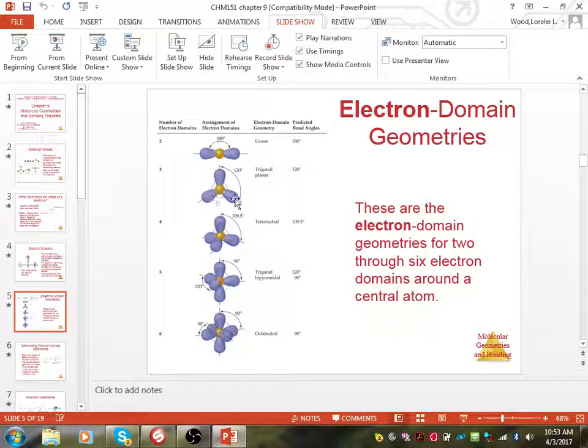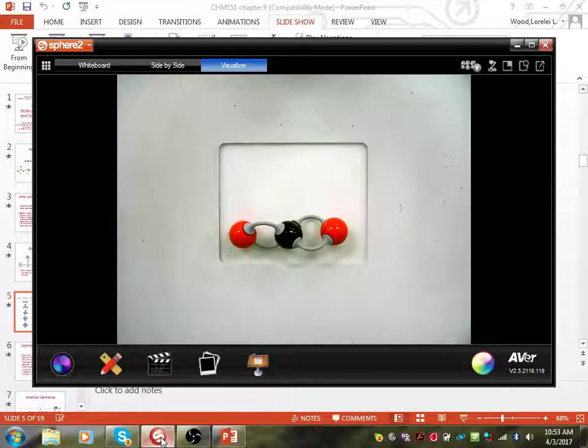The next type is trigonal planar. I don't have a molecular model example of that, but a trigonal planar molecule is often those types of molecules that exhibit resonance, right? Like NO3 that we just talked about on the quiz, NO3 with a -1 charge. There's a good trigonal planar molecular geometry.